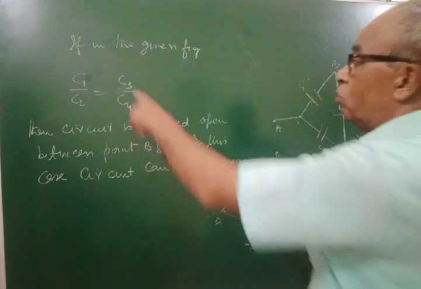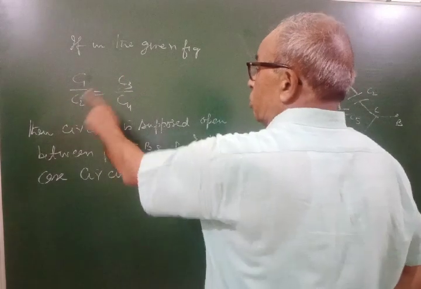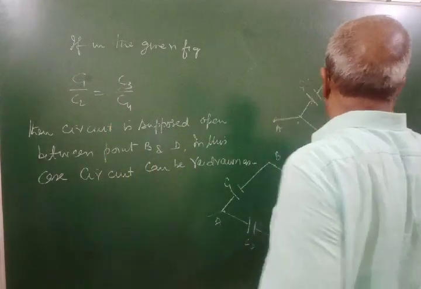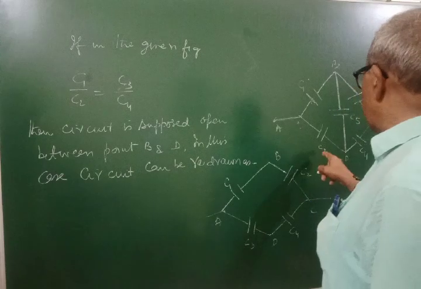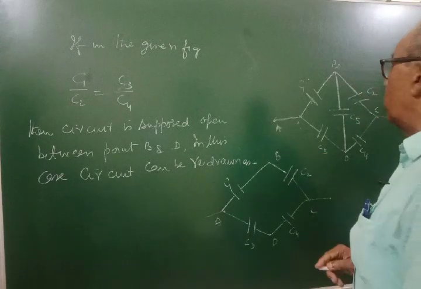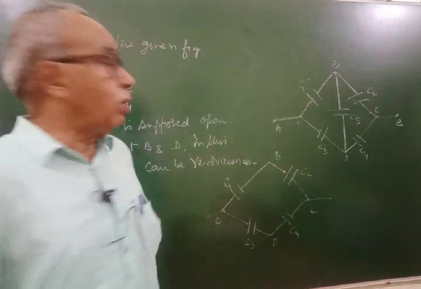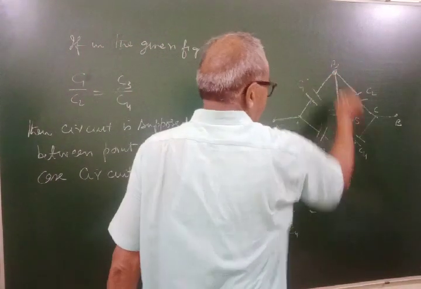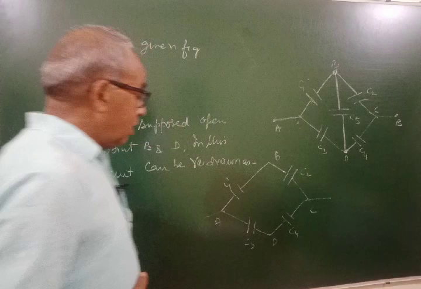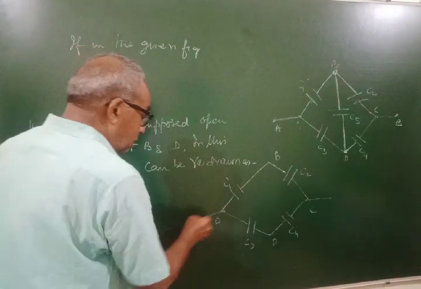If C1 upon C2 comes out to be equal to C3 upon C4, then the circuit is supposed to be open between point B and D, and then we can redraw it like this.